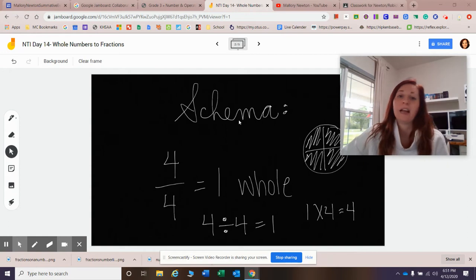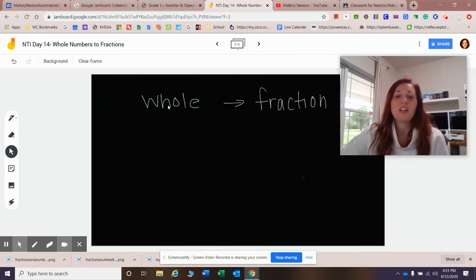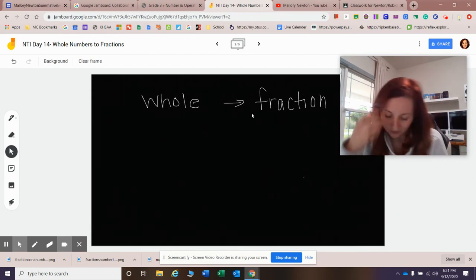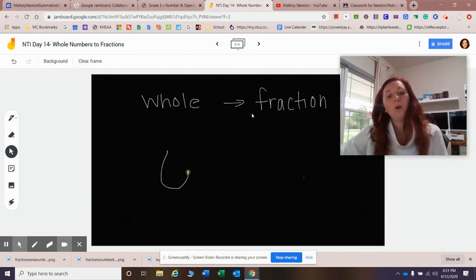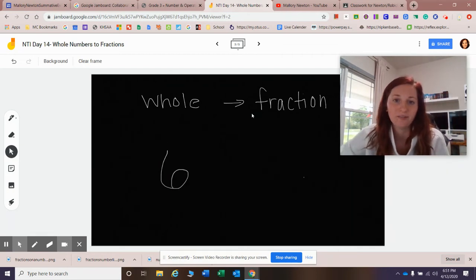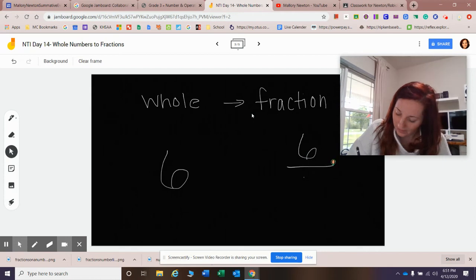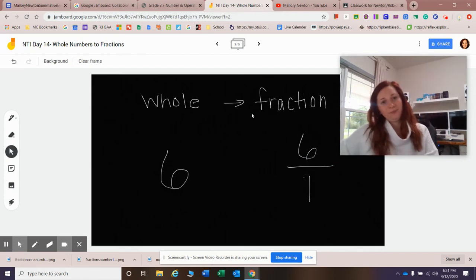You're thinking, Miss Mallory, I got that. I know that. Well, we're going to look at something a little bit deeper, but I think you'll catch on to it pretty quickly. We're going to look at taking a whole number to a fraction. If I had the whole number of 6, this is essentially what you need to know in the third grade. You can take that whole number and put it over 1, and it means the exact same thing.